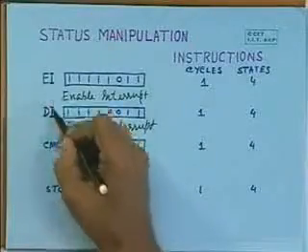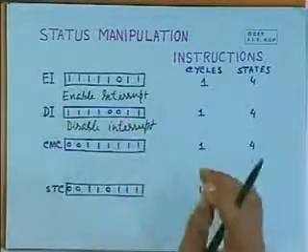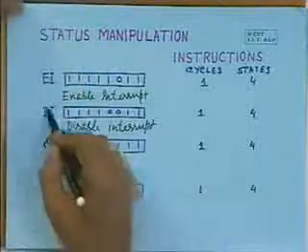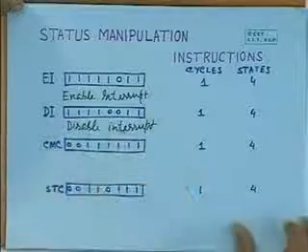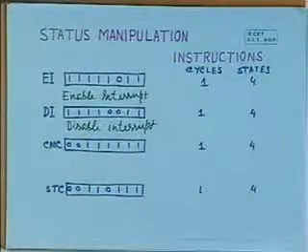However, subsequently, whenever an interrupt occurs, it may be accepted depending on which particular instruction has been executed. If enable interrupt is executed, then those interrupts will be enabled and they will be accepted. On the other hand, if disable interrupt is executed, subsequently no such interrupt will be accepted.